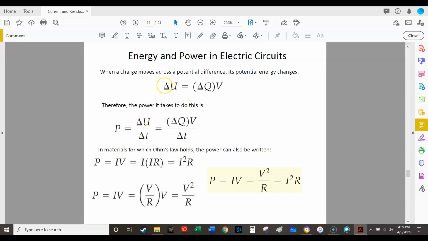And so work is delta U here. So that's joules per second. But work is delta Q delta V over delta T.